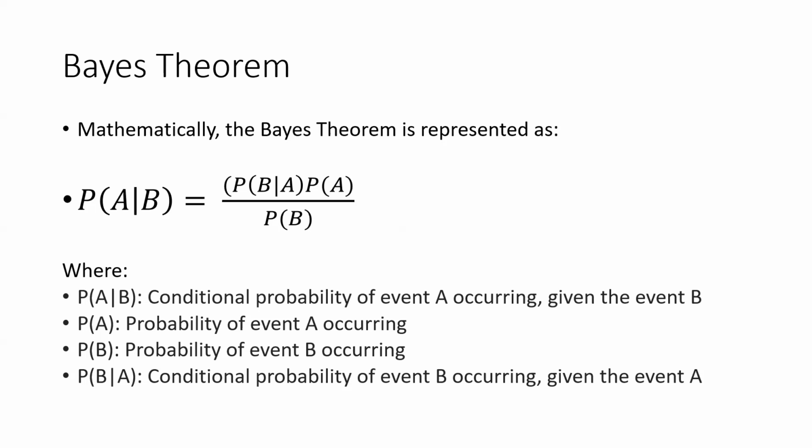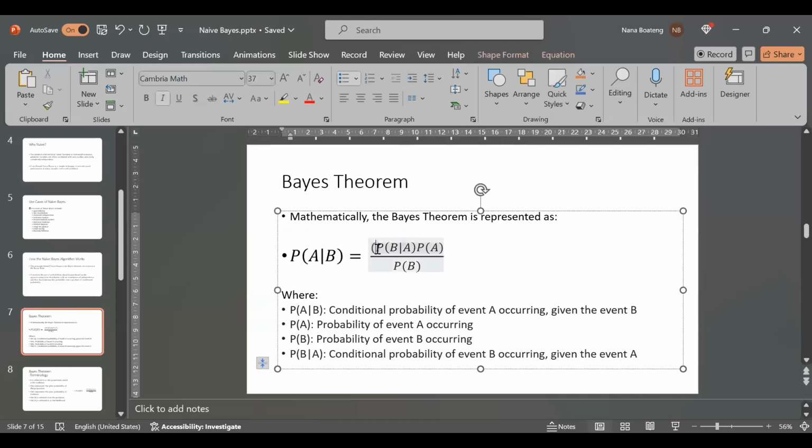If you want to find the probability of A given B, we don't know that, but we have information on B given A already.